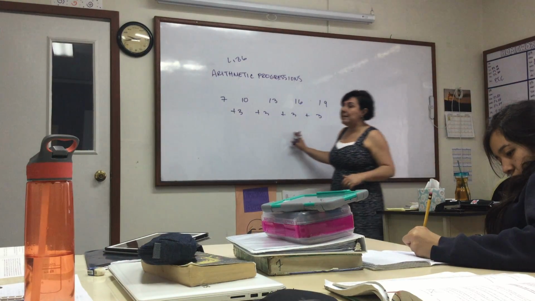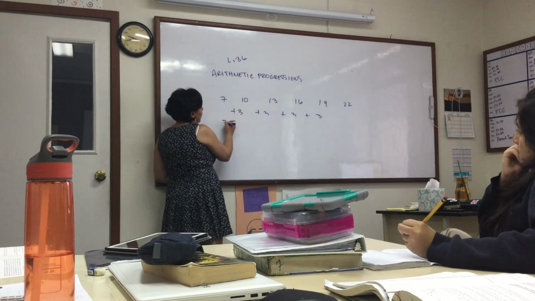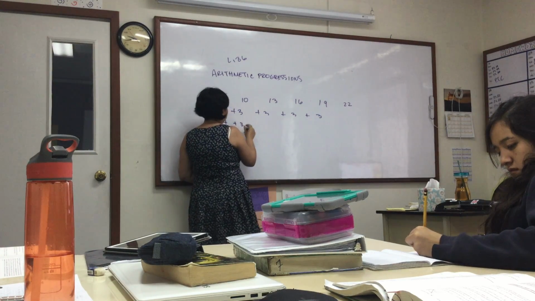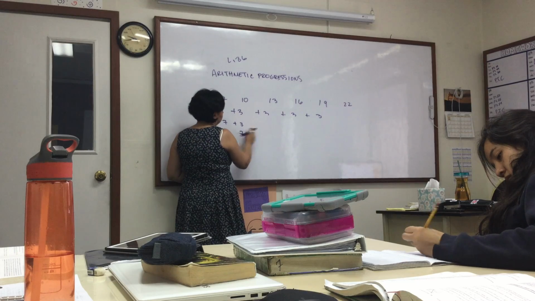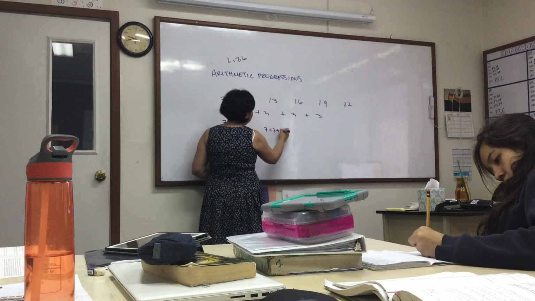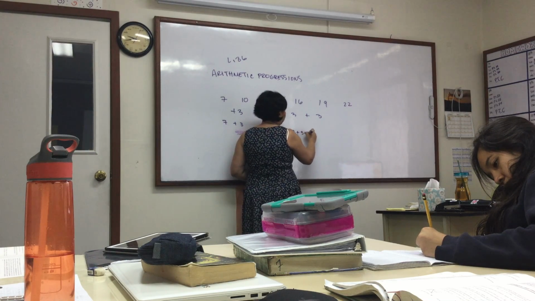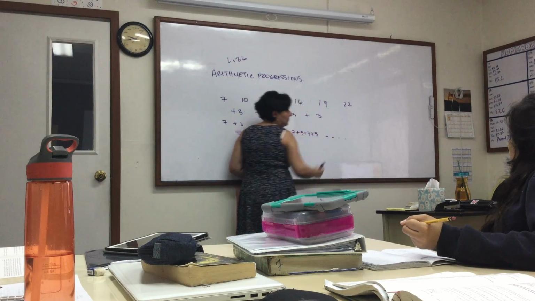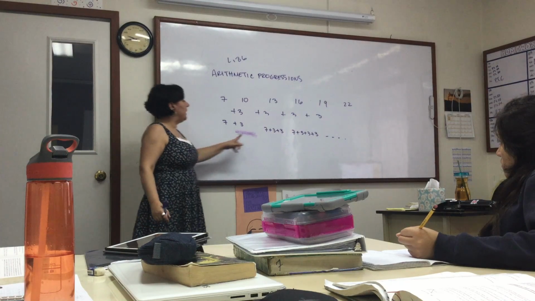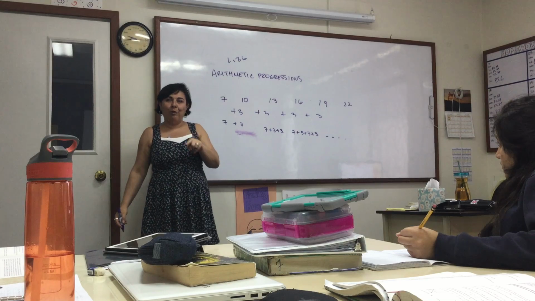Now we can go a step further and say that this is 7 plus 3, and this one here is 7 plus 3 plus 3, right? This one here is 7 plus 3 plus 3 plus 3, and so on. We know from way back that there's a short way of writing when you add the same number over and over again.